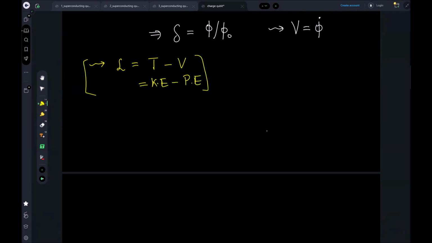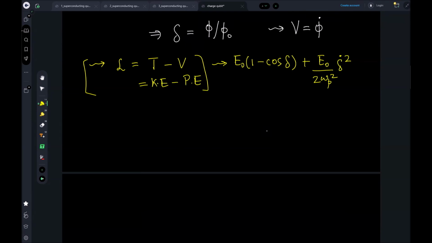And from the previous video, if you recall, we had written the energy of the entire circuit, including the voltage source. We had written it as E naught times 1 minus cos of delta plus E naught over 2 omega p square times the square of the time derivative of delta.